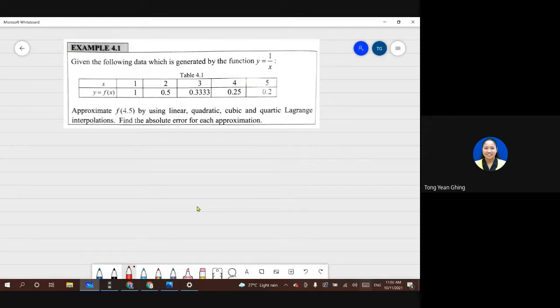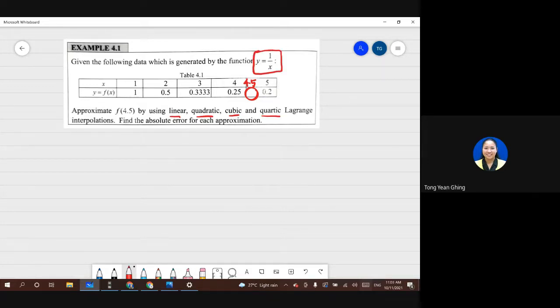It asks you to approximate the value of y when x equal to 4.5, that means f 4.5, by using linear, quadratic, cubic, and quartic Lagrange interpolations, and find the absolute error for each approximation. So this is the exact solutions, the value of y.